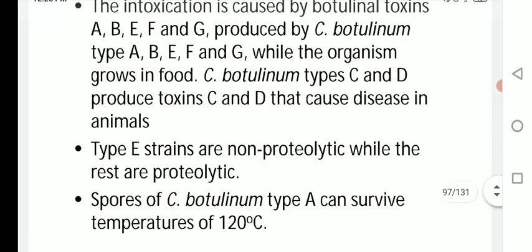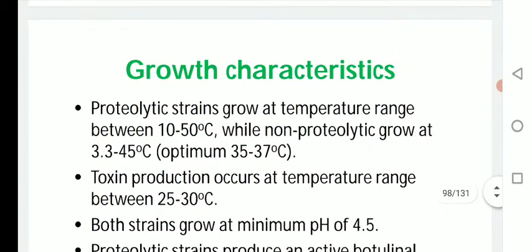So the type E strains are non-proteolytic while the rest are proteolytic. This typical feature we can use for identification of Clostridium botulinum. And spores of Clostridium botulinum type A can survive at temperatures up to 120 degrees Celsius.